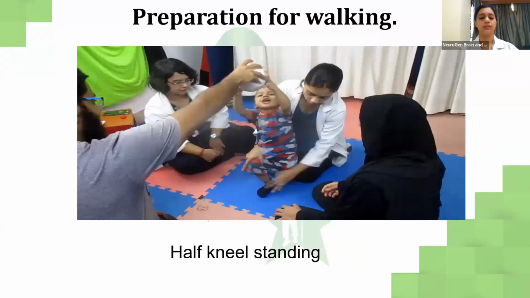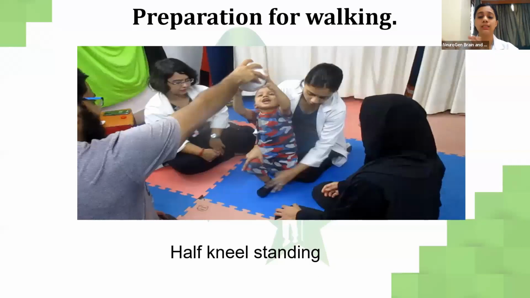Preparation for walking. So as we move on to the transition of walking, all these previous things that I was showing are very important for a child to come to walking. The goals or whatever we decide on the rehabilitation part have to be decided on the level of the child, like the GMFCS level of the child.